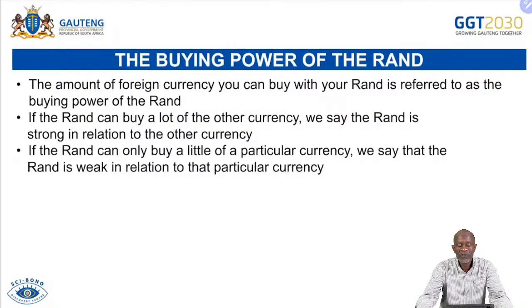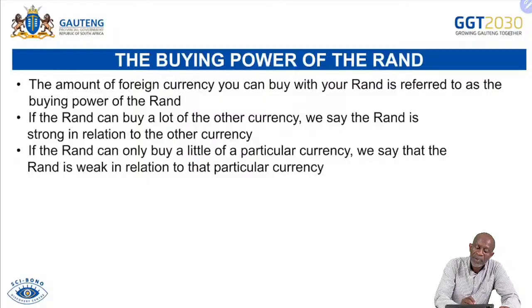The amount of foreign currency you can buy with rand is referred to as the buying power of the rand. So if you can buy $10 with 1 rand, it means the rand has more buying power as opposed to the dollar that you are buying.